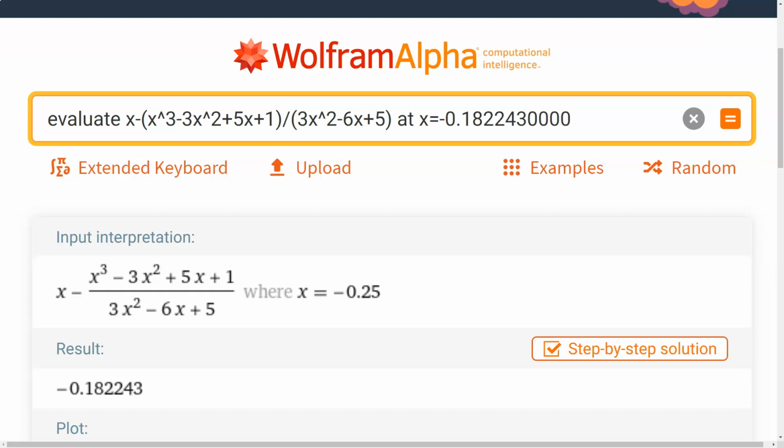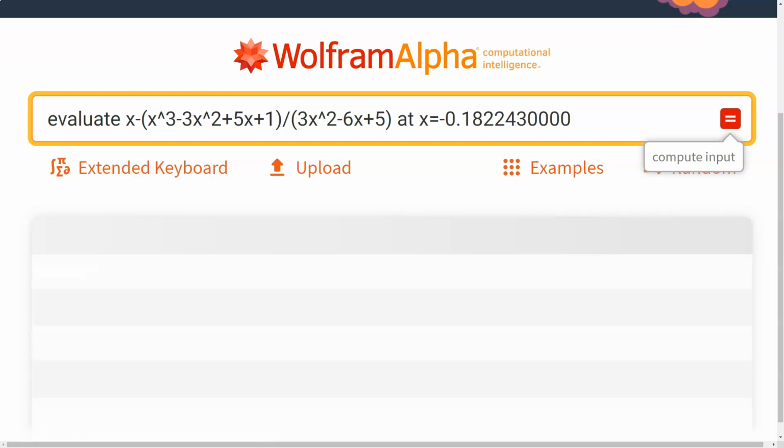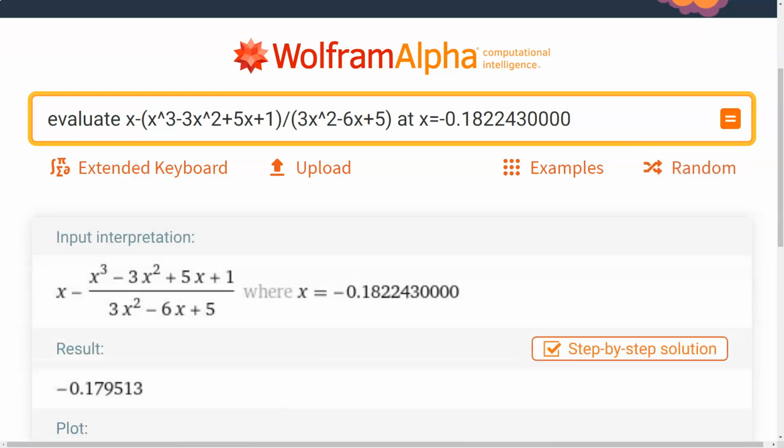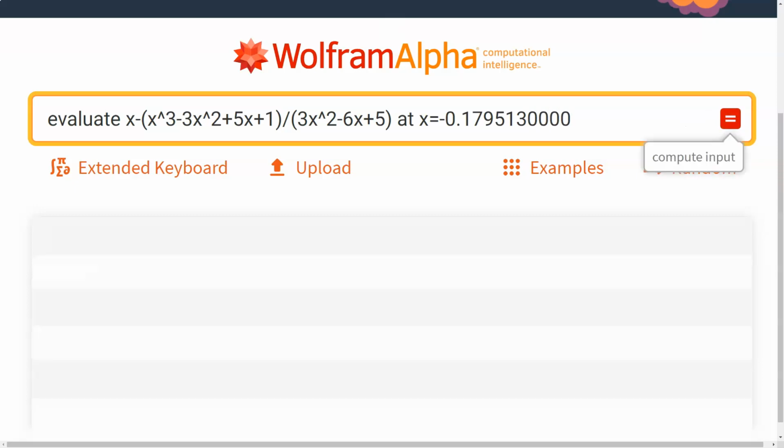Add a few zeros. Now we're going to get the third term, x3. That gives 0.179513. Now we're going to get x4.